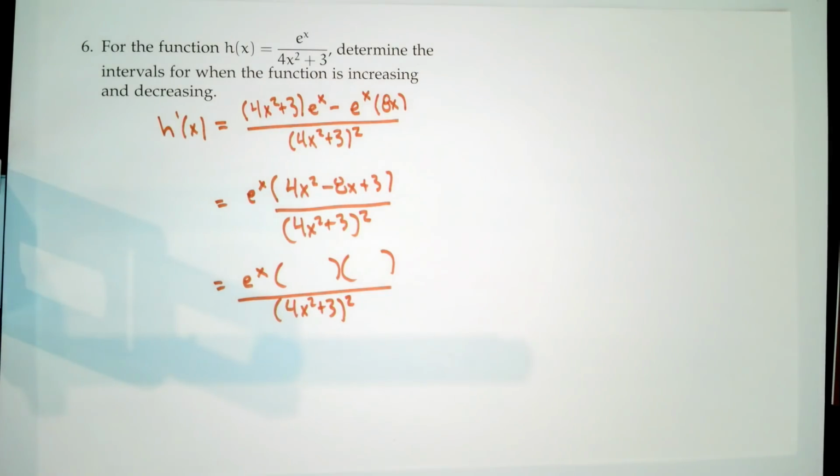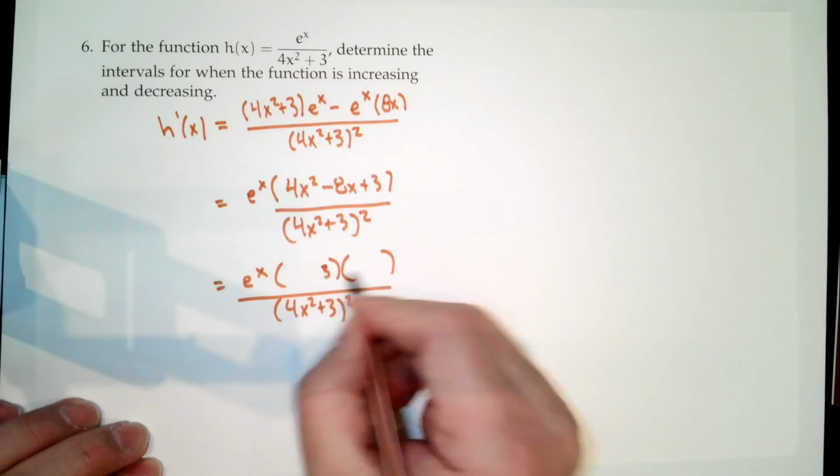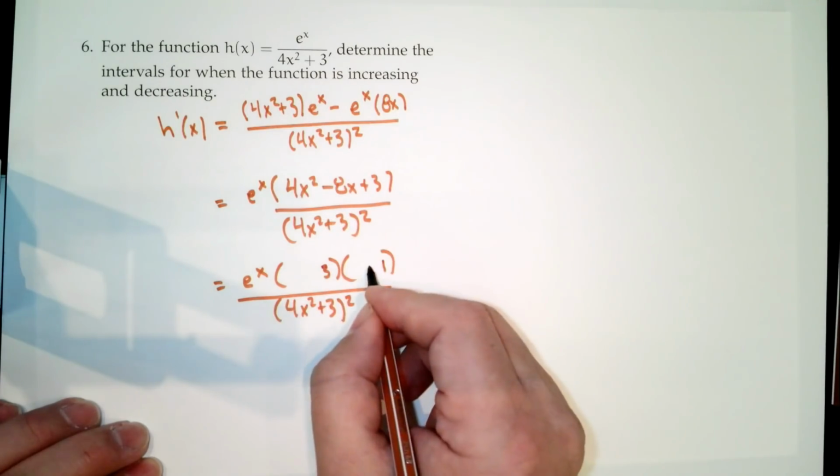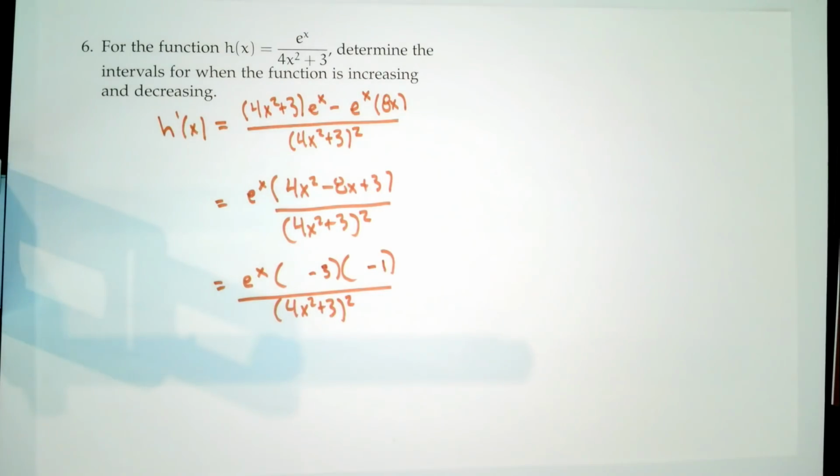Okay, so 4x squared minus 8x plus 3. Does it factor? And more importantly, how? Well, the 3 is not hard to figure out. It's going to be 3 and 1. Because of the minus, it would have to be minus and minus. And now, what's left? Well, the 4.